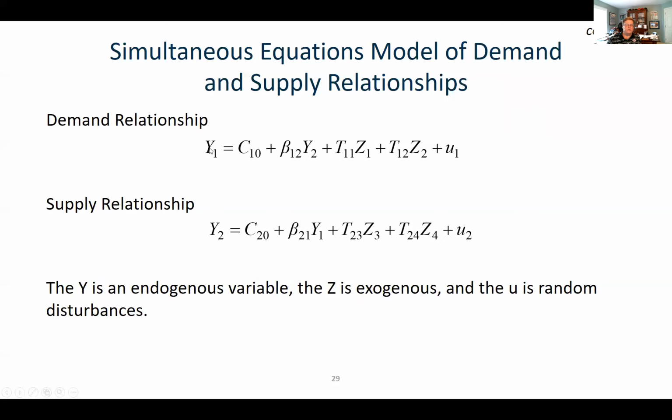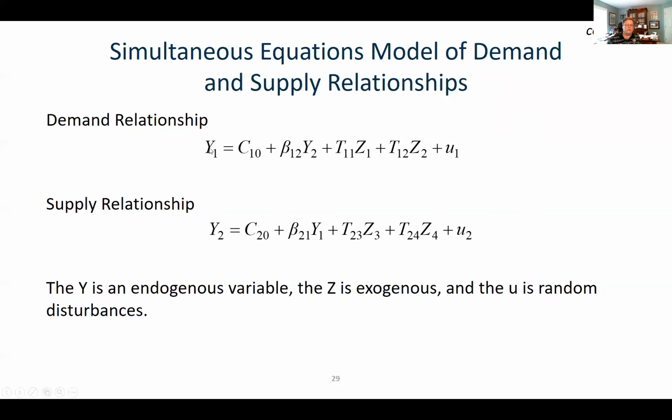Now, to be analytically derived, what does that mean? First of all, we've eliminated y1 and y2 from the right-hand side of each equation. And notice now each equation has associated with it each of the predetermined variables as well as a constant.